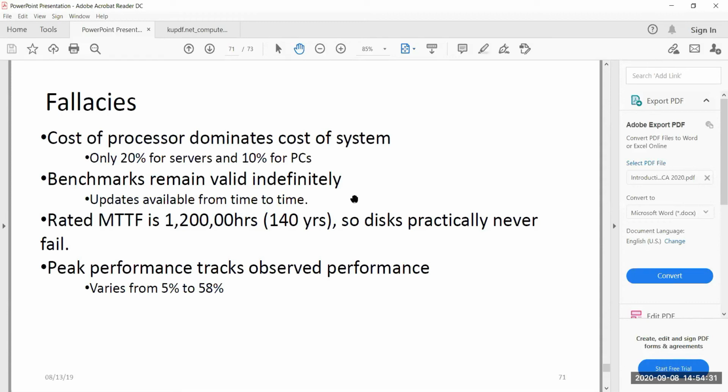Also, the gap between peak and observed performance varies from 5% to 58%. The gap is so large that peak performance is generally not useful in predicting the normal performance of any system.